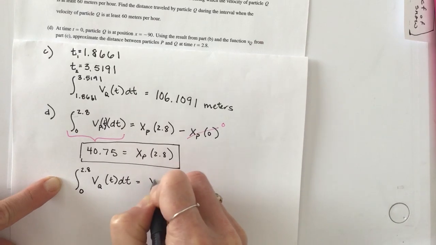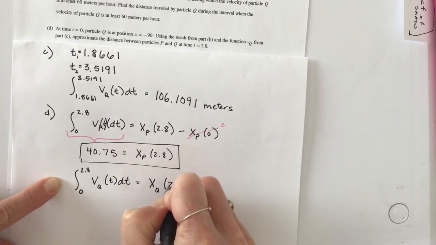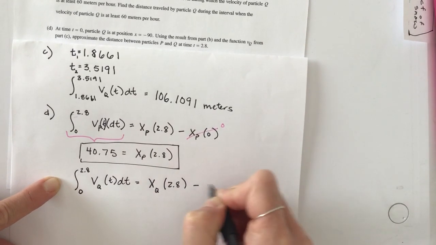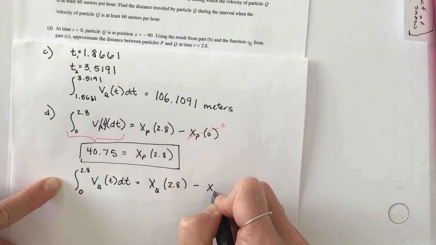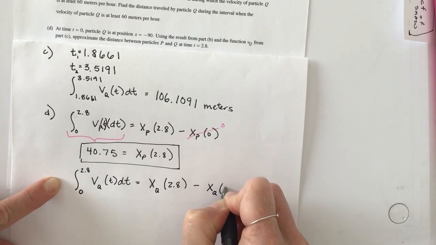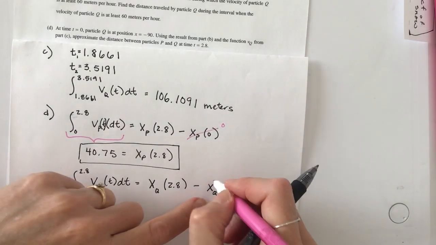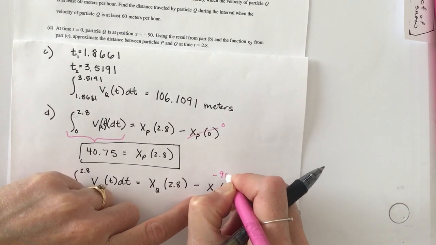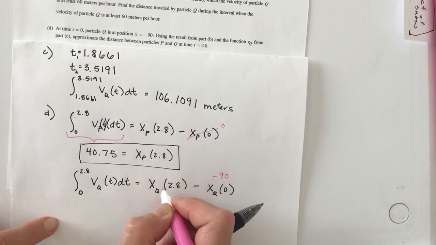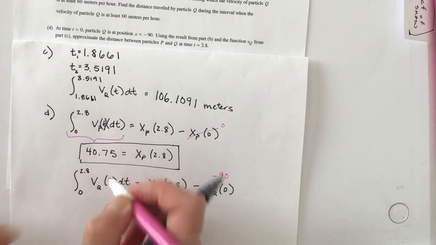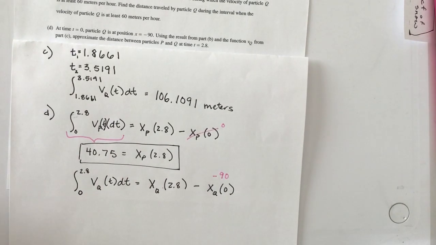And that's going to give us the position of Q at 2.8, top minus bottom, right? Position of Q at 0. Okay, this time the position of Q at 0 is -90. This is what we're looking for. And this we can figure out on the calculator.